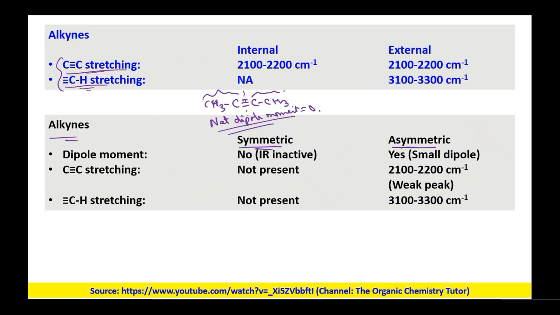Whereas in the asymmetric case, say CH3, C triple bond C, then CH2, CH3, there would be a small change in the dipole.